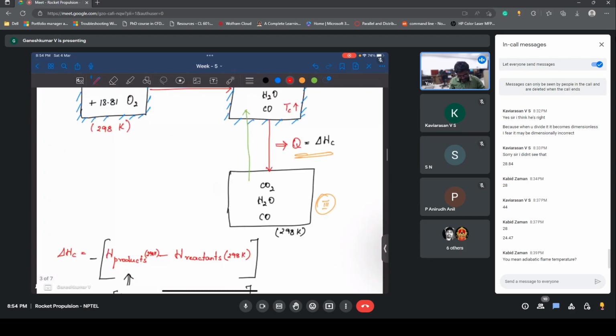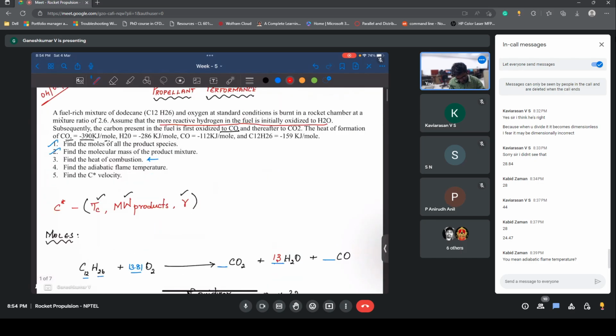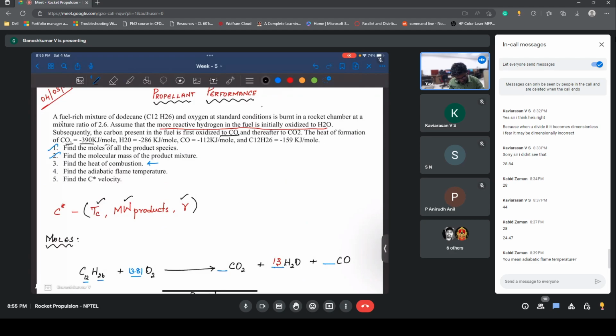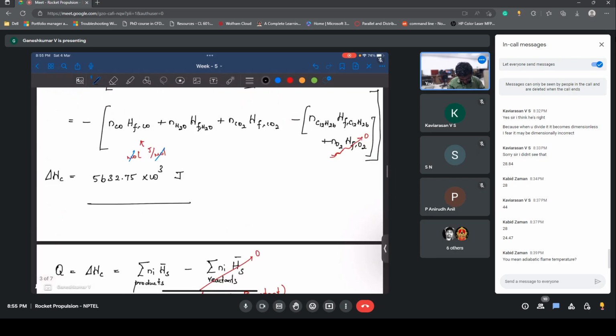Let's say, for example, in this question, instead of giving standard conditions, I say my initial temperature is 300 Kelvin. Then I need to raise my mixture from 298 to 300 Kelvin. For that, I need to give some heat input. That heat input, I need to subtract from whatever heat output I get upon completion of this reaction. So it's just a balance, just a calculation you need to do. So I hope it's clear.